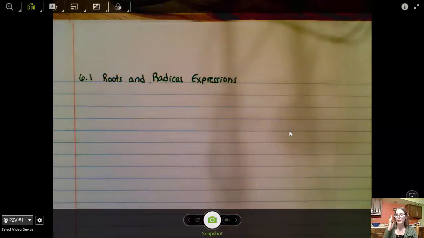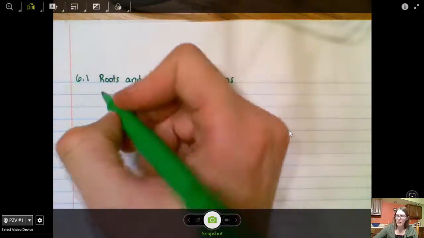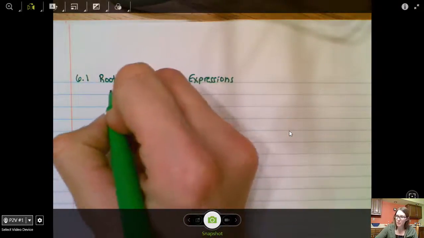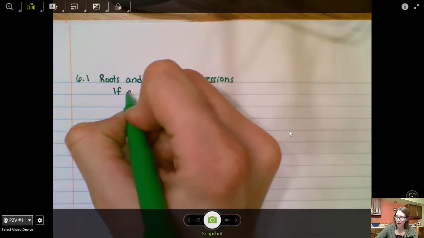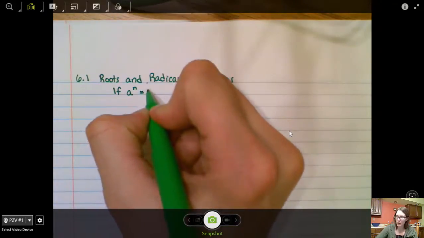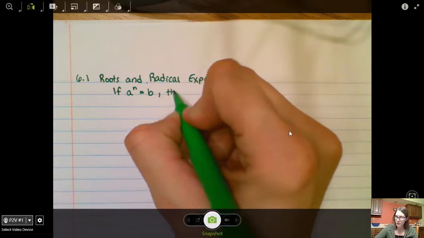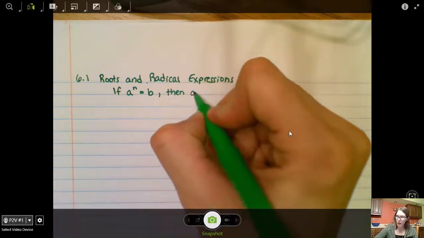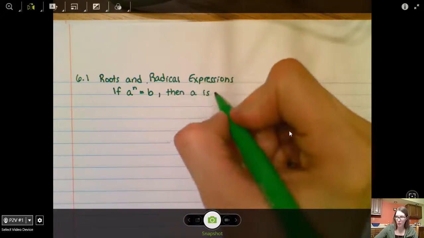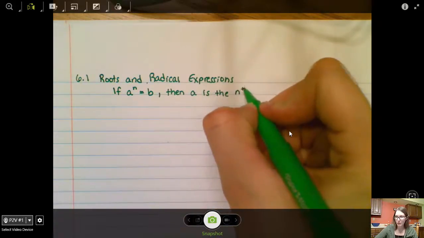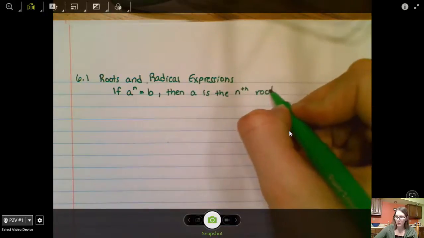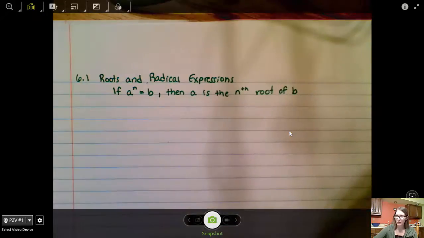We start off chapter 6:1 with the definition of what a radical is. We think of square root, cube root. We've seen that for a while now. But here's the actual definition. If we have a to the n power equals b, then a is what we call the nth root of b.